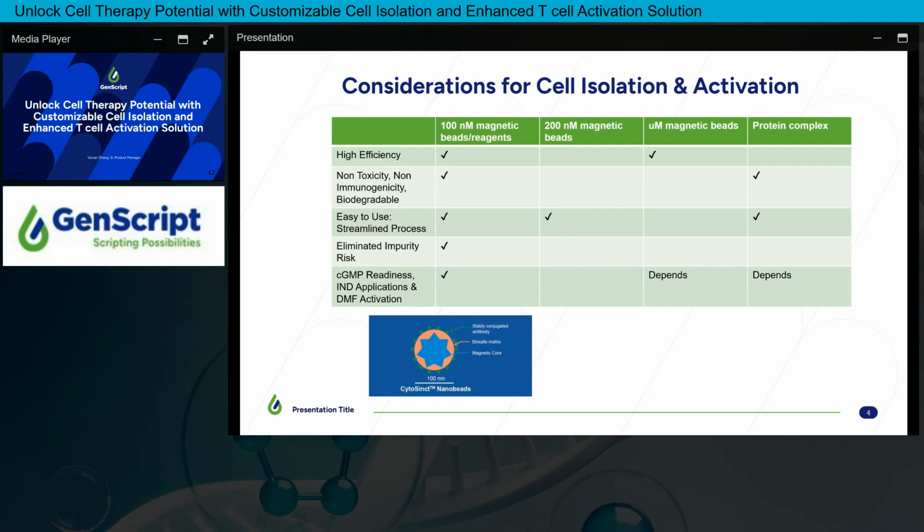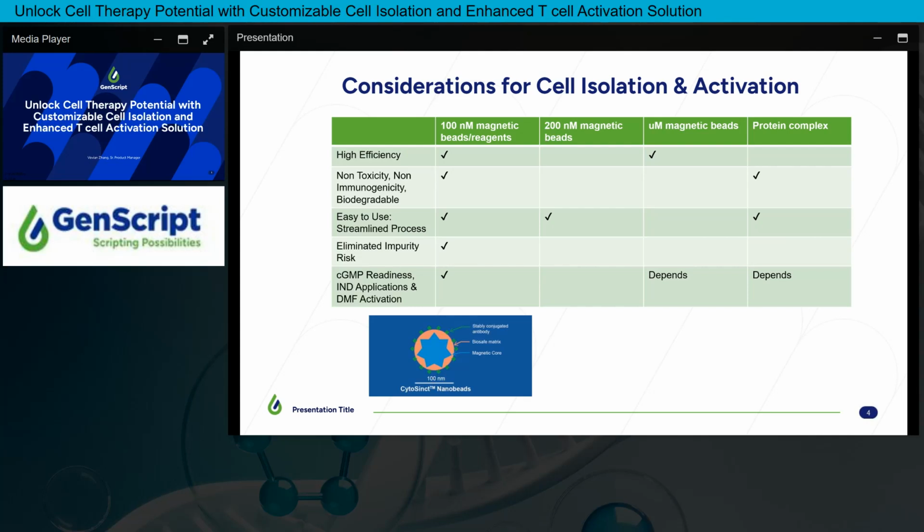And that includes that it needs to deliver high efficiency, which is very obvious. You want the highest purity of your target cell to start with, and the minimum of the other cell types that you don't need. It will be best that it is non-toxic, does not cause any immunogenicity, and best if it is biodegradable.